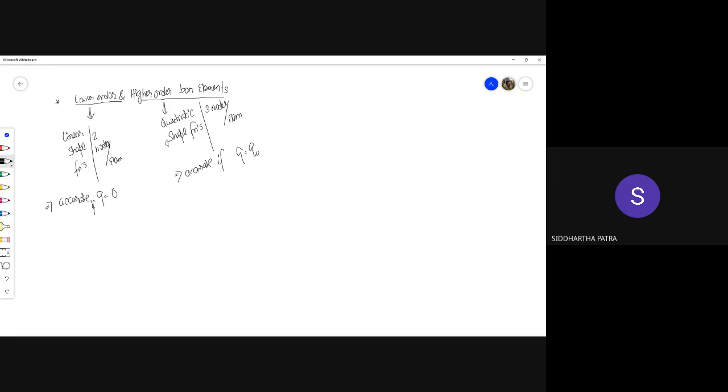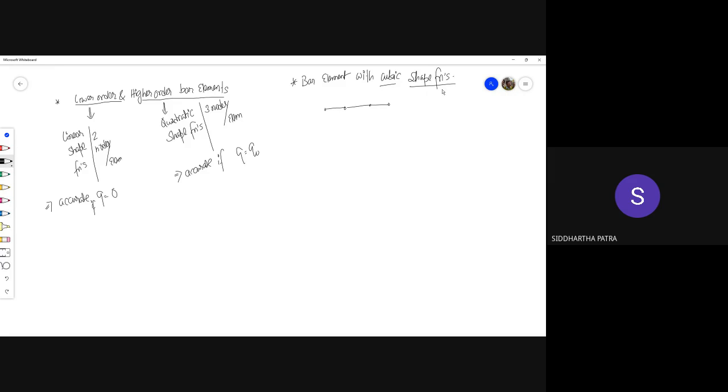Now, with this line of thinking, we can realize that we can also come up with bar elements with cubic shape functions. Why are we interested in cubic shape functions?